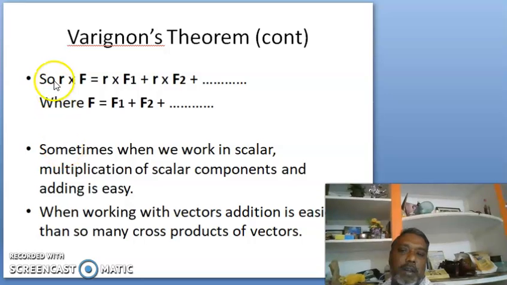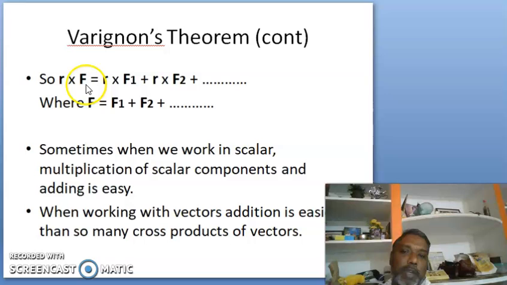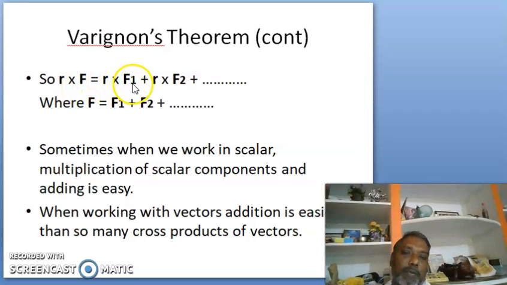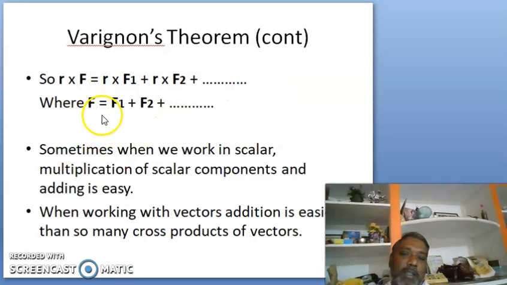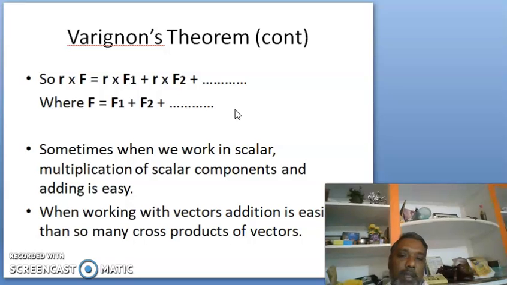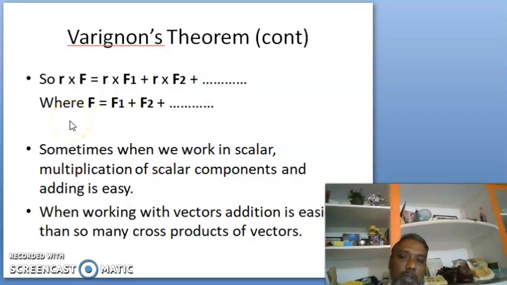So Varignon's theorem can be represented as r vector cross the resultant F vector is equal to r vector cross F1 vector plus r vector cross F2 vector plus r vector cross F3 vector and so on, where the resultant F vector is equal to F1 vector plus F2 vector and so on, till any number of forces.